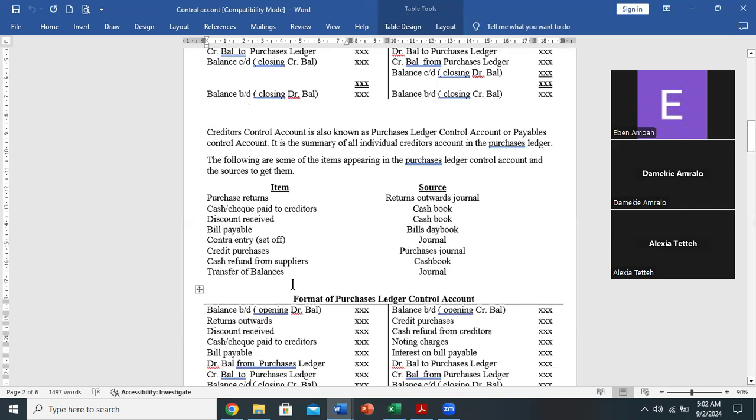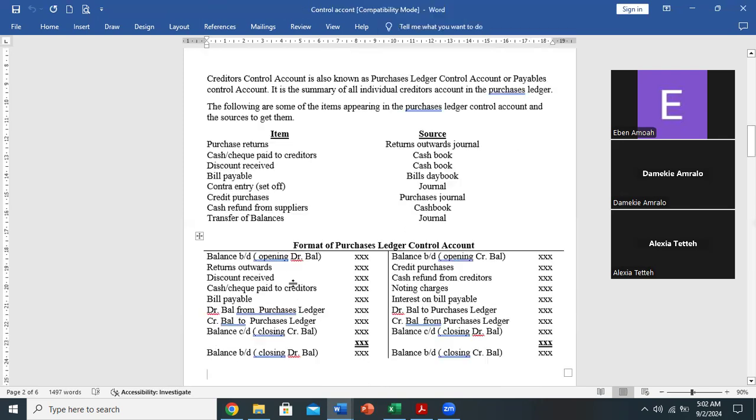Okay, so do the creditors control account for me, and then I'll step in. Please continue with the creditors control account as is shown here.